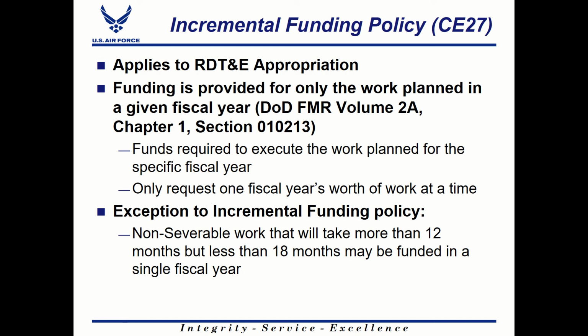The funding for RDT&E appropriations is very flexible in order to ensure that we can revector money or change what we're doing with the money quickly without having too many complications, because technology changes very fast and our threats change very fast.